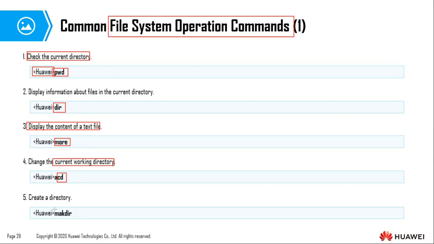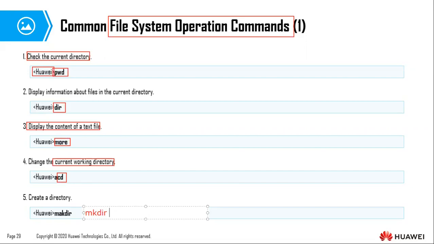Then we have make directory. Again, here we have an A somewhere that is not supposed to be there. The command is mkdir. Then you enter the name of the folder you want to create.